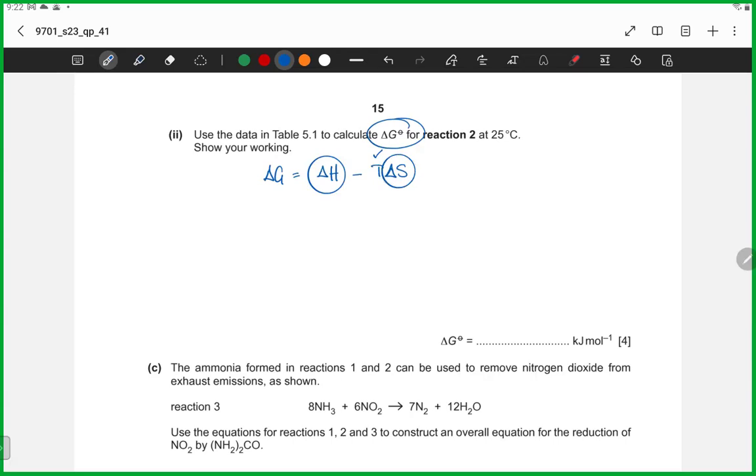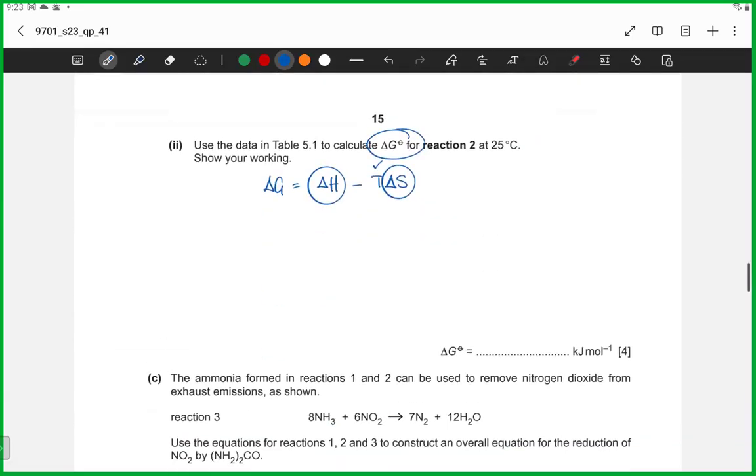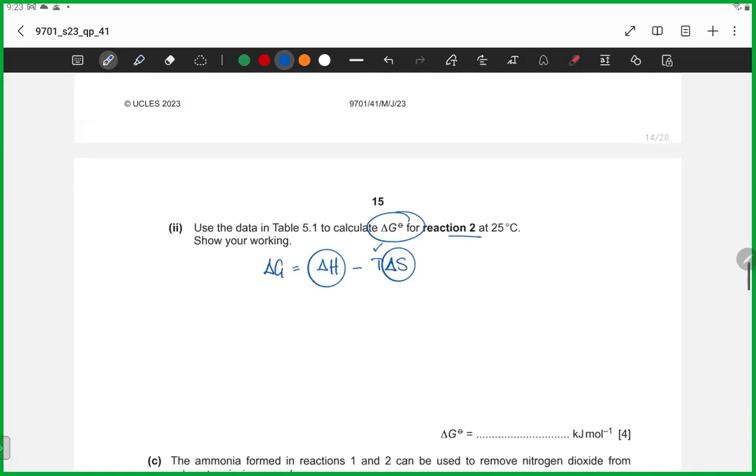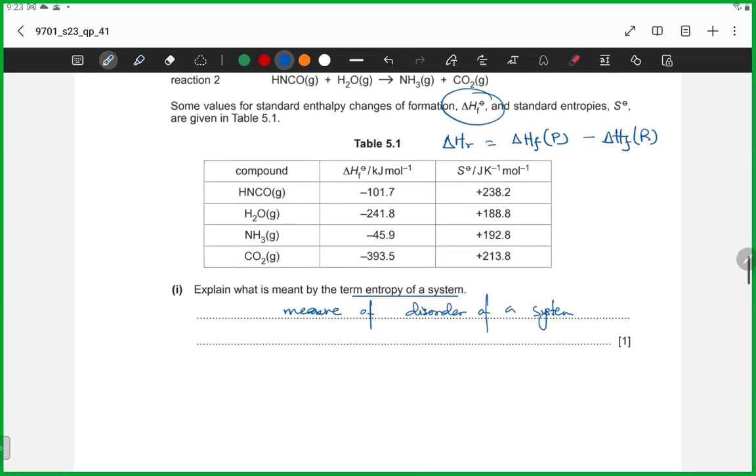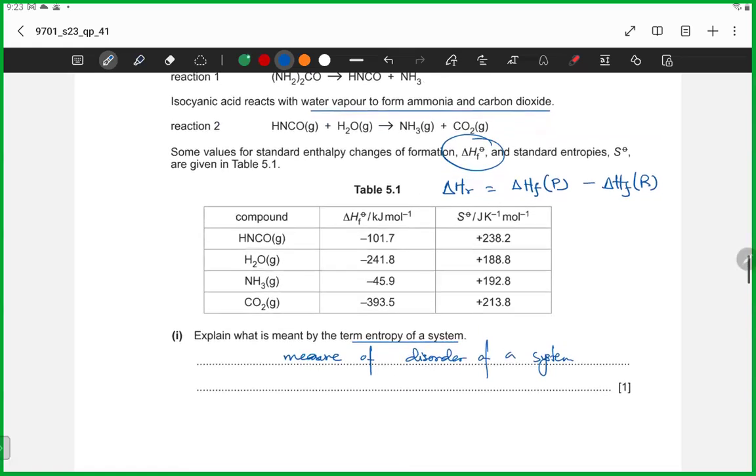So you have to go back and calculate both of them. Which reaction are we talking about? Use data for reaction number 2. So we have to calculate both delta H and delta S for reaction number 2. The first thing is I'm going to calculate the delta H. So enthalpy of formation is given.